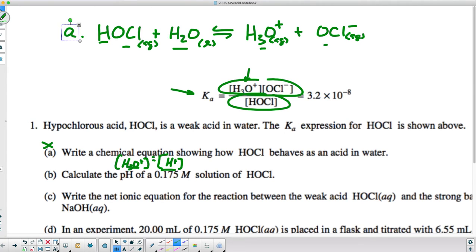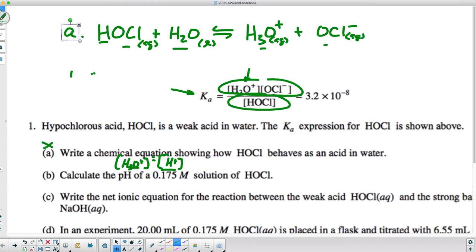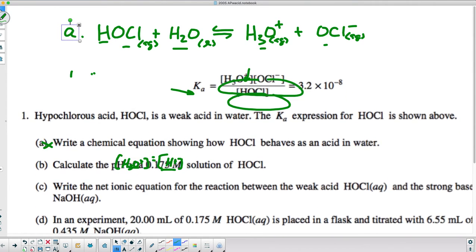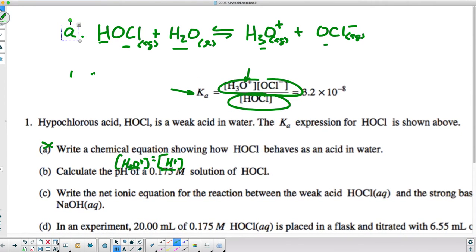One of the things I might do first is, since I have the equation for A, go through and write the net ionic equation for the reaction so I can continue on with calculating the pH further down.